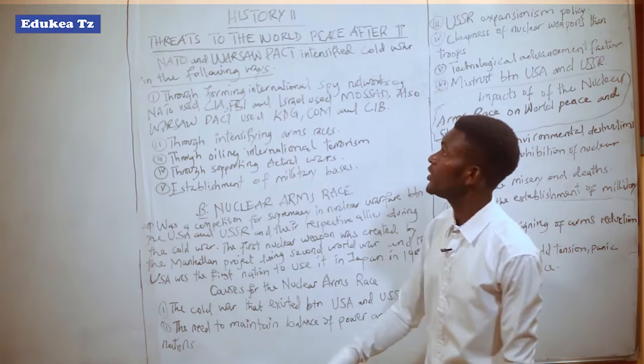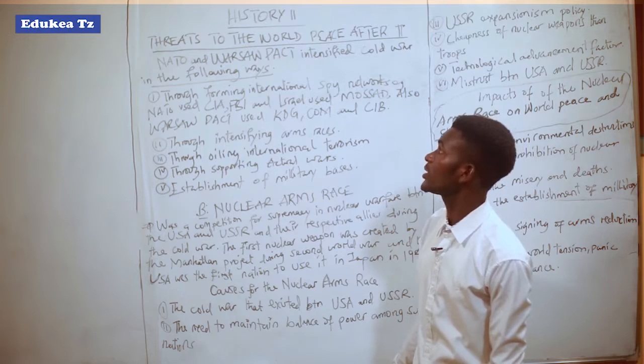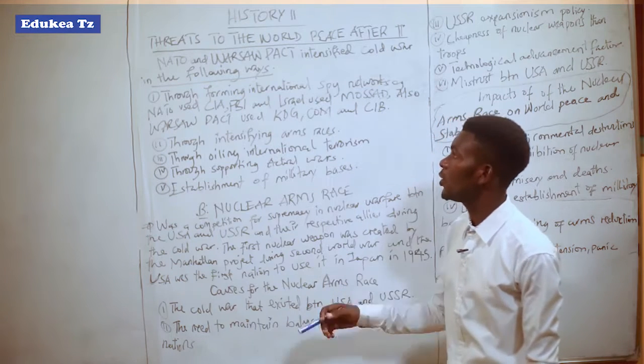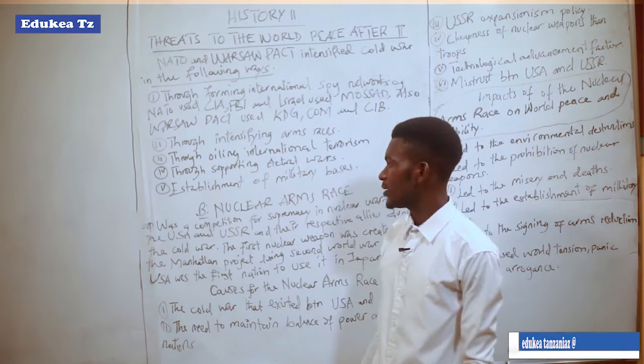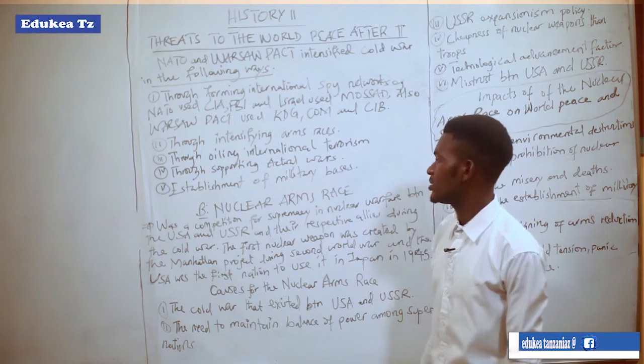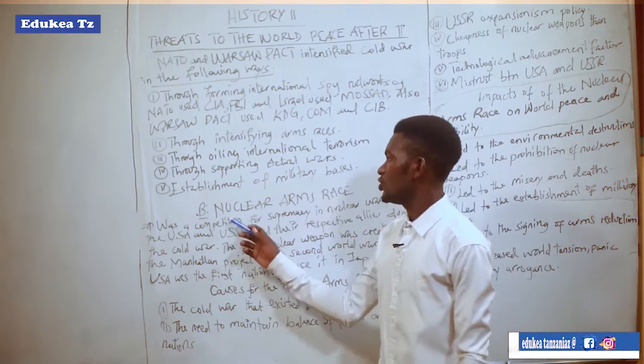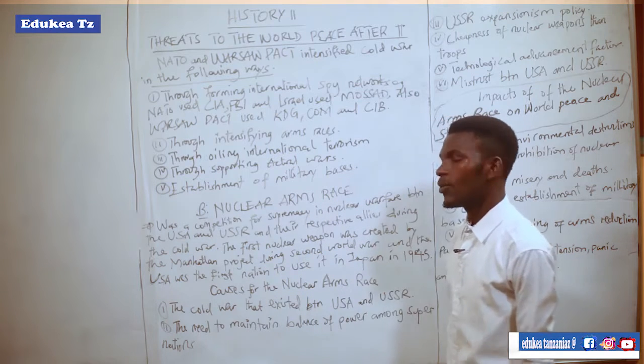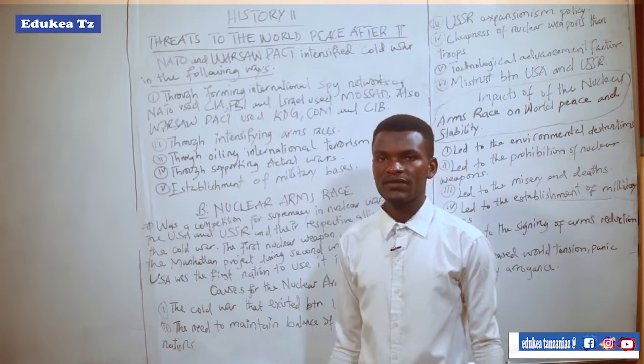After looking at the ways in which NATO and the Warsaw Pact intensified the Cold War, let us see another threat to world peace after the Second World War, which was the nuclear arms race. What is the nuclear arms race by definition?